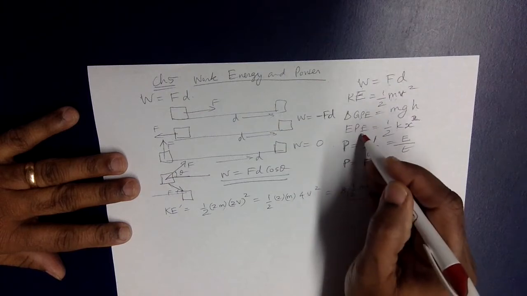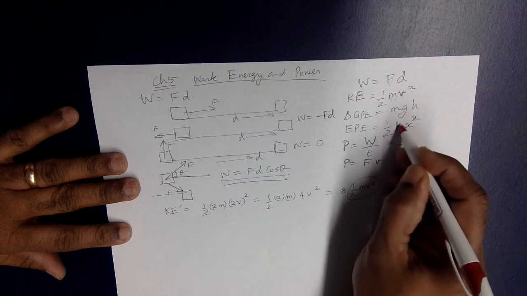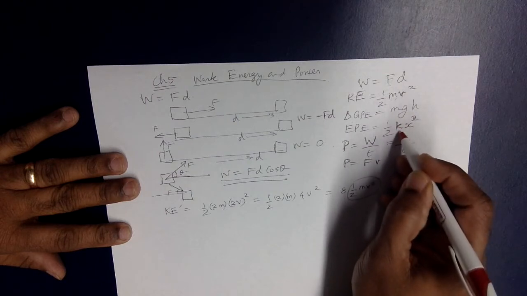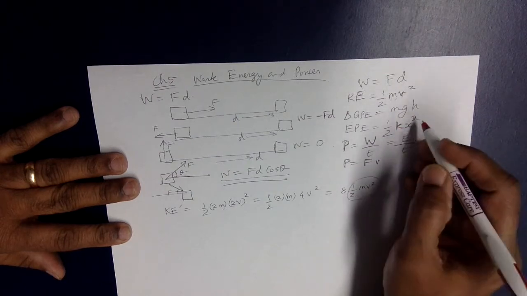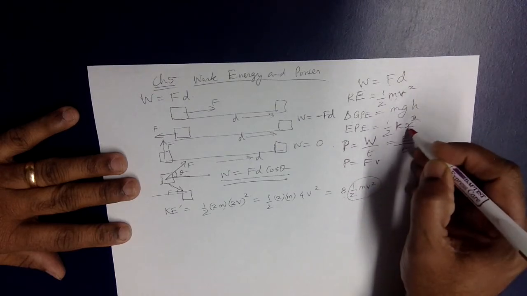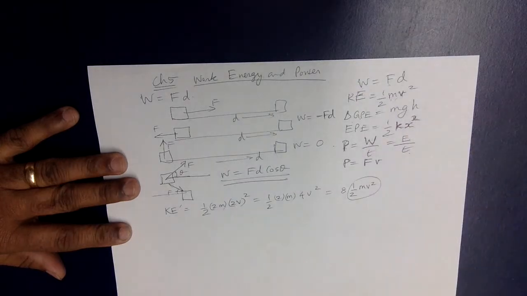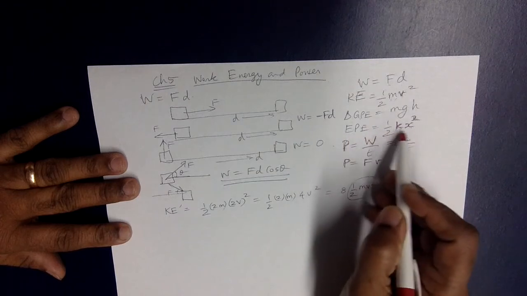Elastic potential energy is in joules, and it is half kx squared. k is a force constant and it has a unit of Newton per meter. Extension must be in meters. Now if extension is given to you in centimeters, then you should change it to meters before using it here. Okay, that is to find the elastic potential energy.